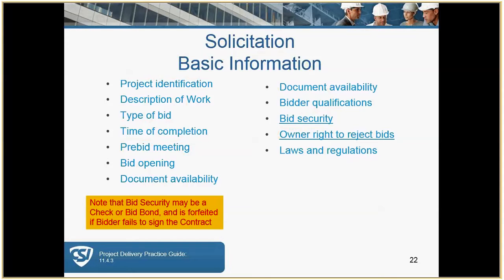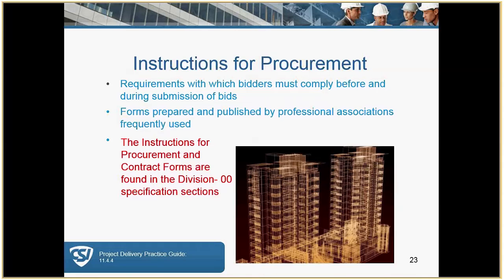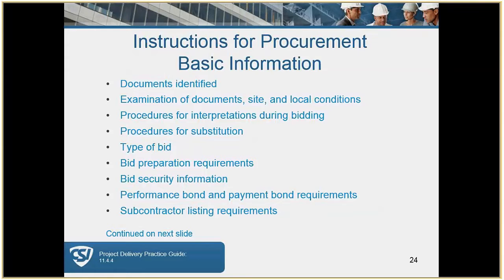Now, instructions for procurement, or what used to be called instructions for bidders, include specific requirements to be included in the bid, i.e. what the bid form is, the addendum acknowledgement, what bid bond forms, what certifications, and other documents that might be required illustrating the bidder's financial stability or some sort of qualifications. These are some examples of what instructions for procurement may include.